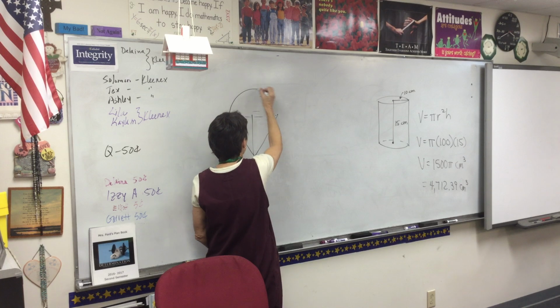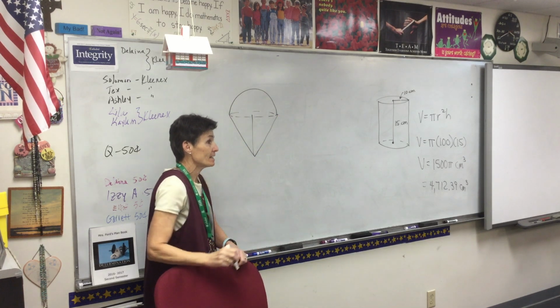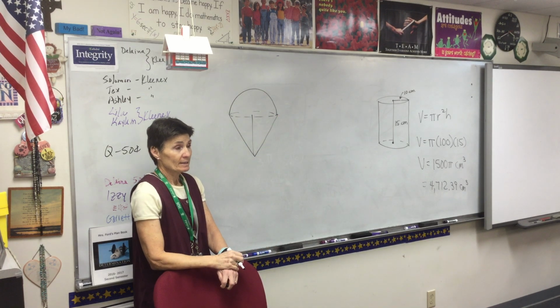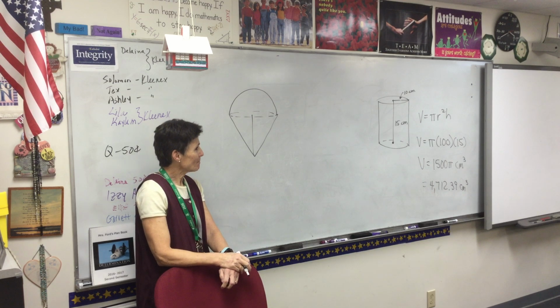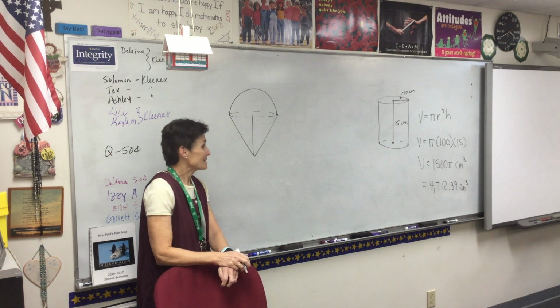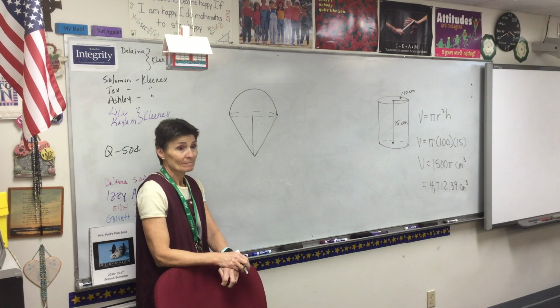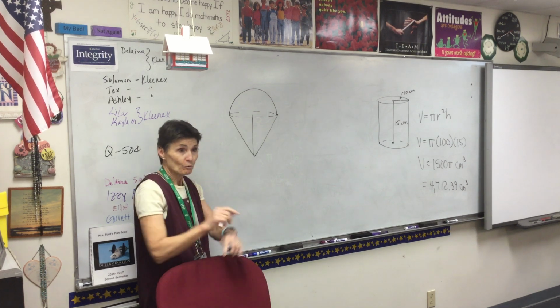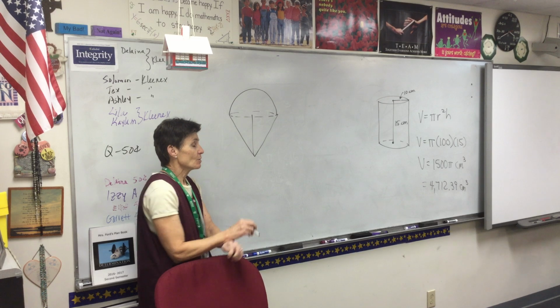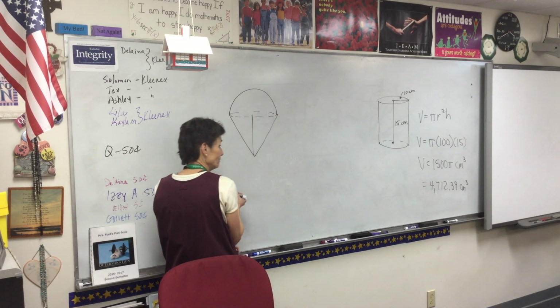And then on top, you have a, we don't call it semi-sphere, we call it hemisphere. But it's half the sphere. Like on Earth, you got the northern hemisphere, that's what we've got. So this is gonna be a 2-part volume.